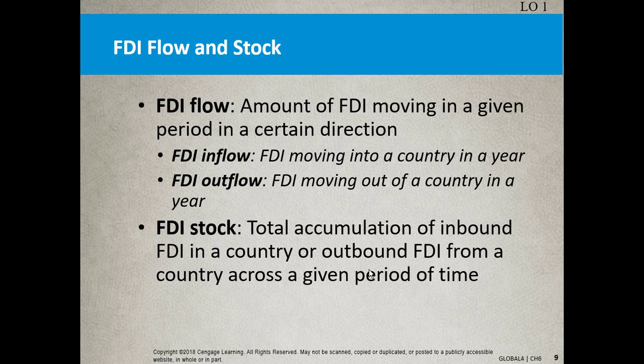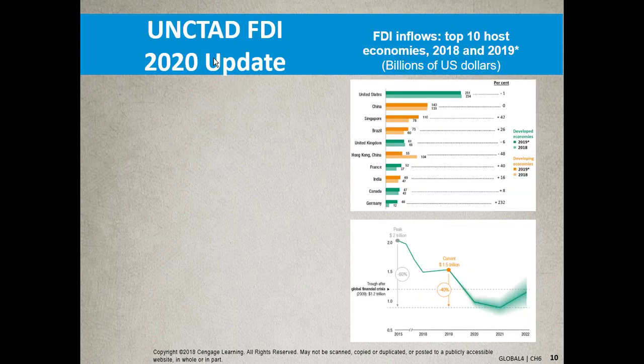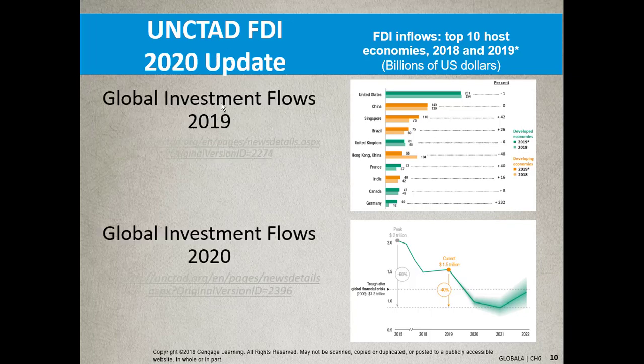Now I'm really looking at the big numbers. What I wanted to do for you is give you a little bit of an update from 2020, with all the stuff that's been going on with the pandemic. This is from the UN CTAD, and they track this stuff. This is probably your best source for tracking foreign direct investment.